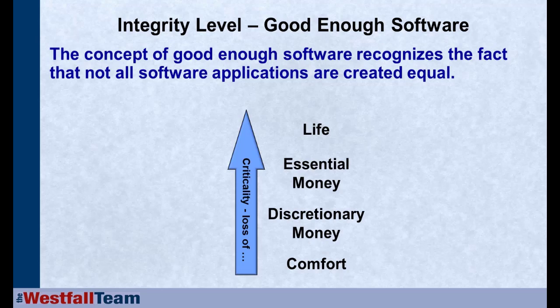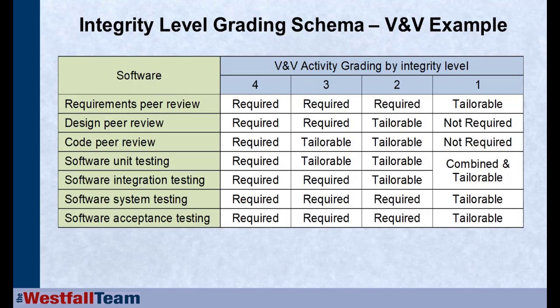Now, just to show you an example of an integrity grading schema that you might use, at the highest levels of integrity, a level 4, let's say that's health and safety, or it's a product that has to be so secure because it might be national security, or it might be a target of corporate espionage, whatever.